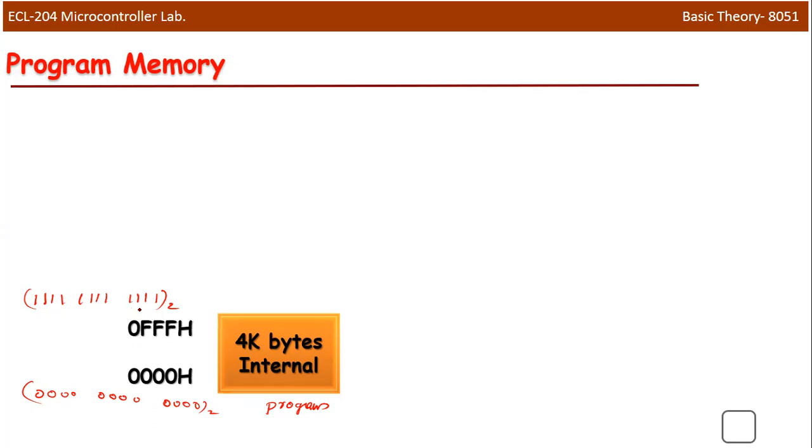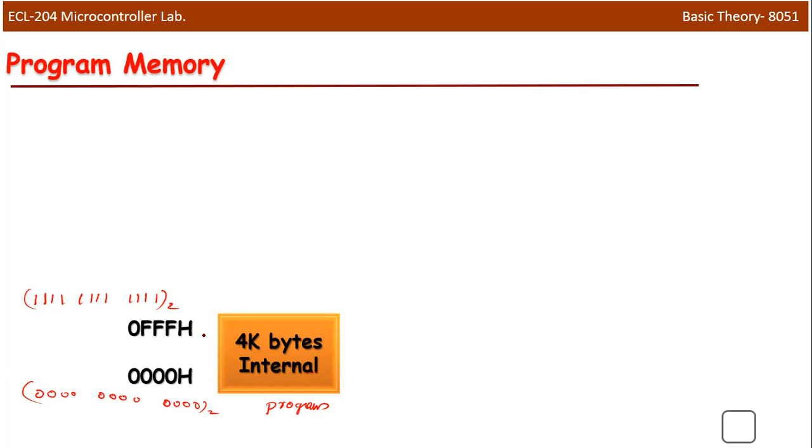Instead of representing it in binary, we will use hex because it is convenient: 000H to FFFH. This is about the 4K internal memory. So we should also remember the address range, from 0000 to FFFH.